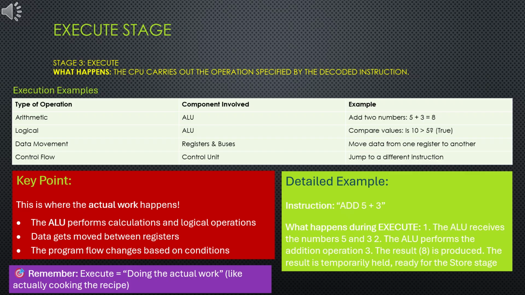The result is calculated, but it is not yet securely saved for long-term use. This final result is currently volatile and needs to be placed into memory. We have one last crucial stage to complete the full machine cycle, the store stage.